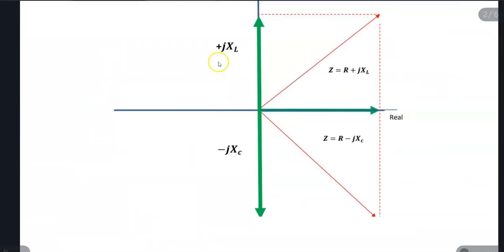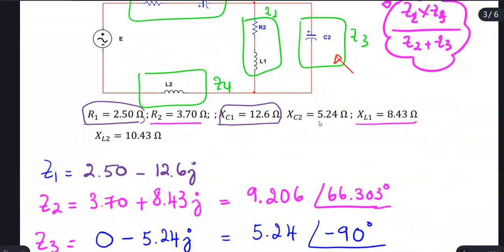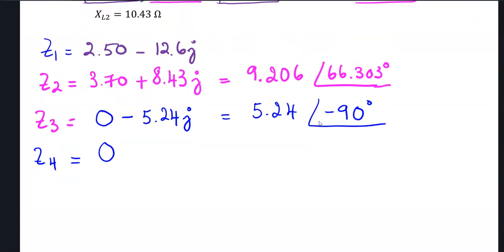See here, it takes the positive part of J. So I'm going to have a positive imaginary part, so I will put positive 10.43J. Okay, so I'm very careful in doing this because I want to make sure that I don't create a mistake here and then carry that mistake throughout the entire calculation.